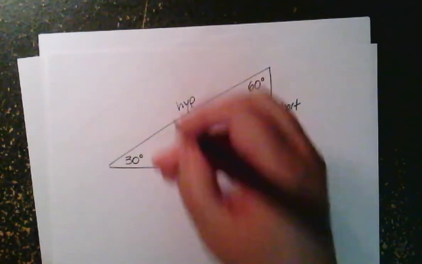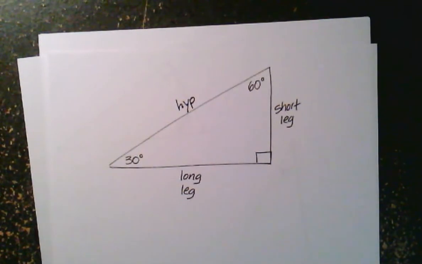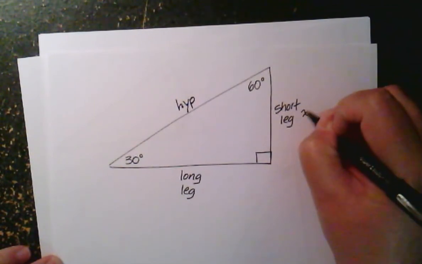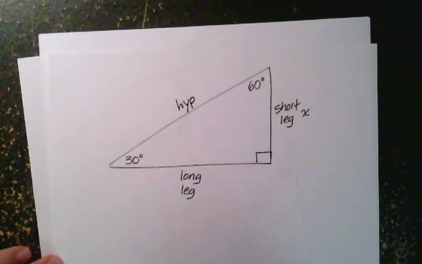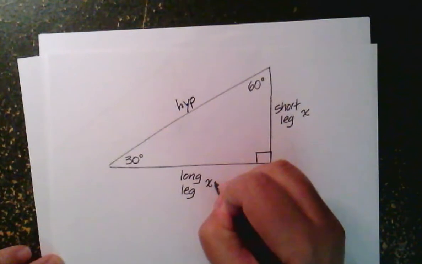Now in every 30, 60, 90, here is the relationship that is true between all of these sides. Let me call the short leg X. If the short leg is X, then the long leg is going to be that X value times square root of 3.